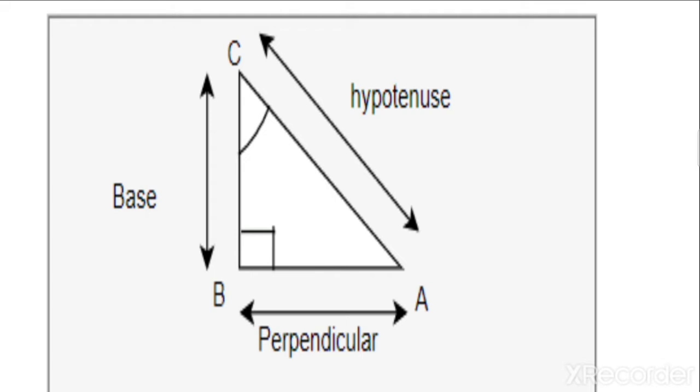First, I'll discuss the hypotenuse. Hypotenuse is the slanting side of the triangle, very easily identified when you look at the slant side. So in this figure, which is the slant side? AC. So AC is the hypotenuse. Or in a very convenient manner, looking at a 90-degree right angle triangle, the side opposite to that 90 degree is termed as hypotenuse.